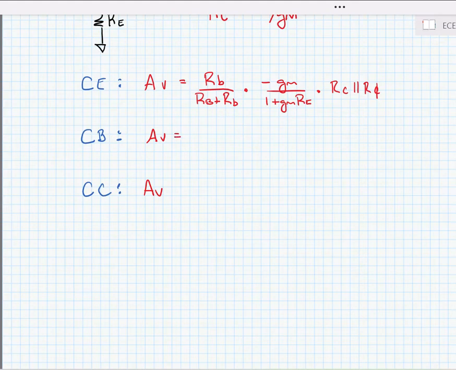For the common emitter amplifier, Av is equal to R little b divided by (R big B plus R little b), times negative gm divided by (1 + gm R_E), times the quantity R_C in parallel with R_S.